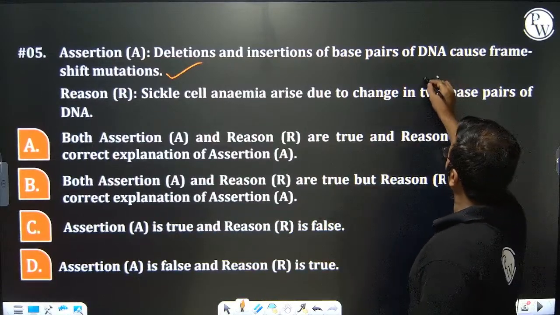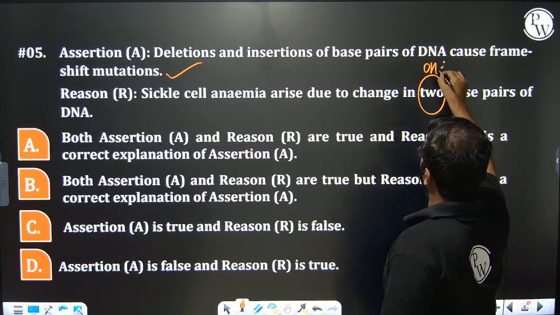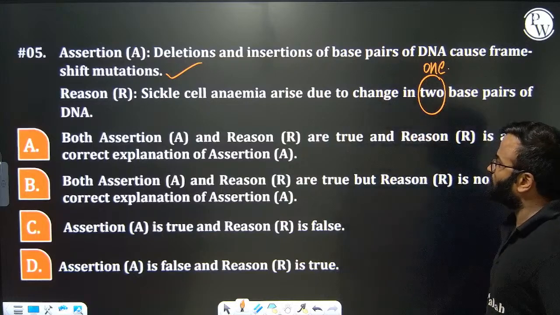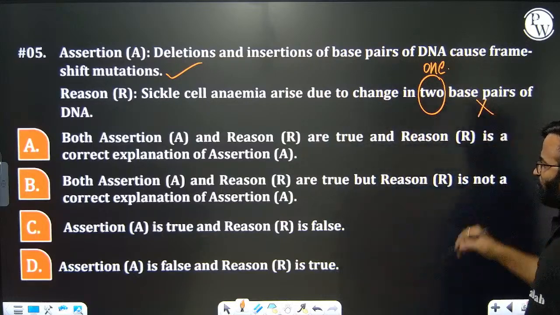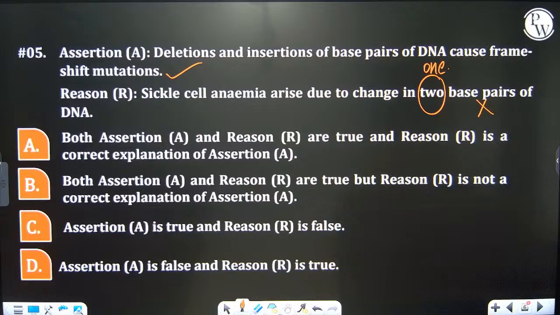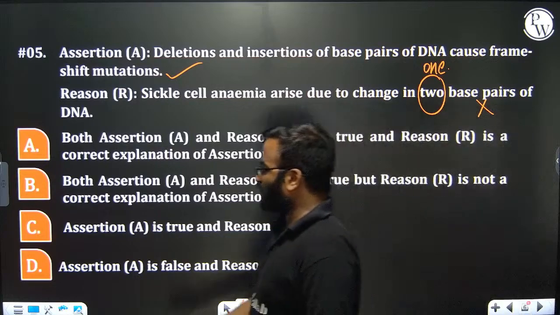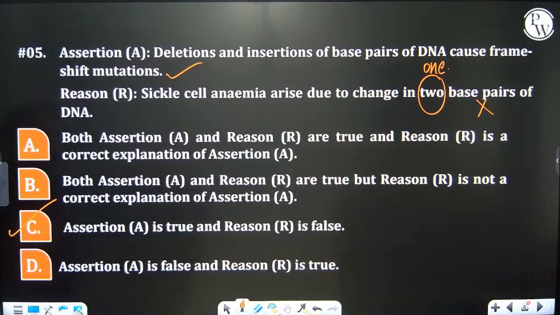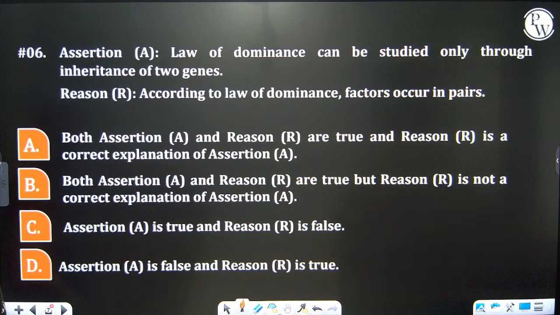No, it is only one base pair, not two. So this reason is false. Assertion is true, reason is false. So what will be our answer for the fifth question? That would be C. Clear? Let's go for the next question.